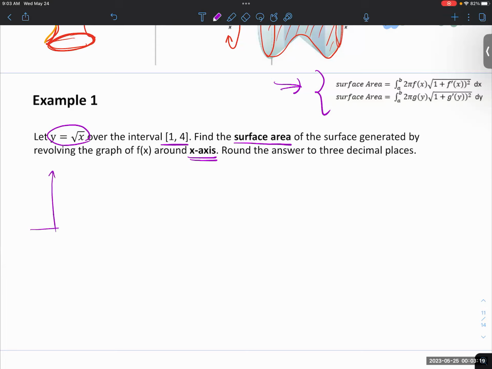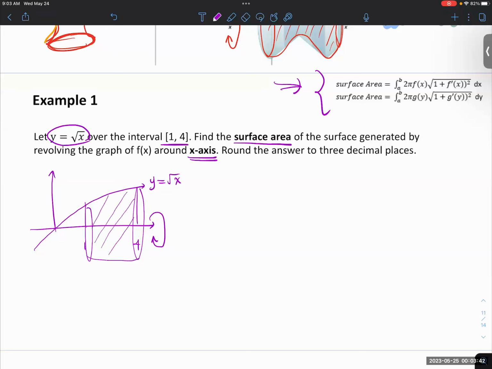If I draw that image, this is y equals radical x, and I'm going to rotate this function about the x-axis, from 1 to 4. So the image is going to be something like that. I'm looking for the surface area of this shape.